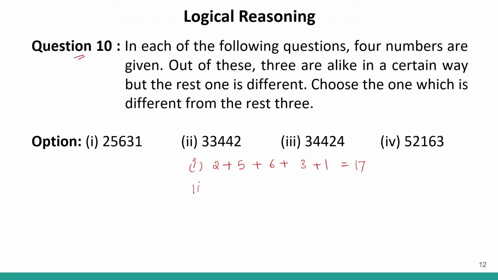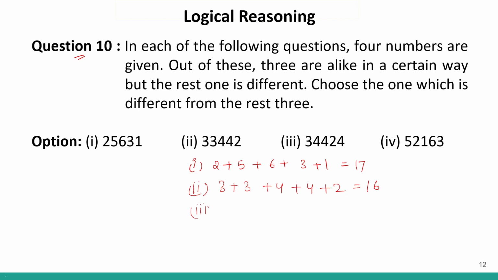Okay. If I look at option number 2, 3 plus 3 plus 4 plus 4 plus 2. So 3 plus 3, 6. 6 plus 4, 10. 10 plus 4, 14. 14 plus 2, 16. This is different.